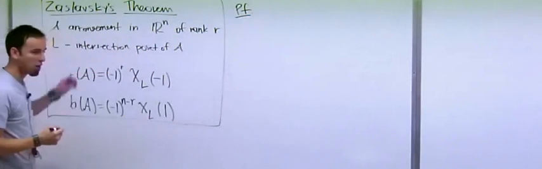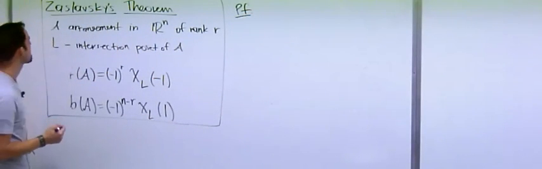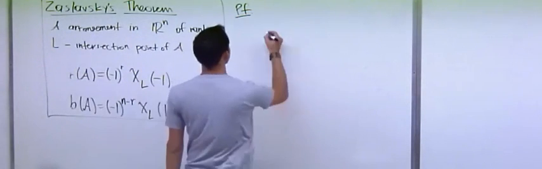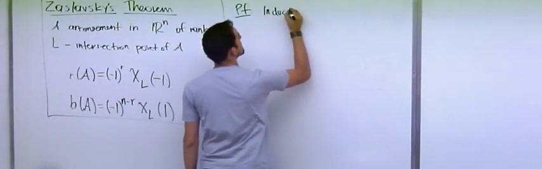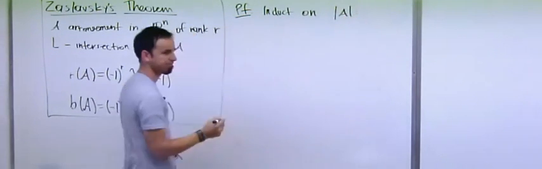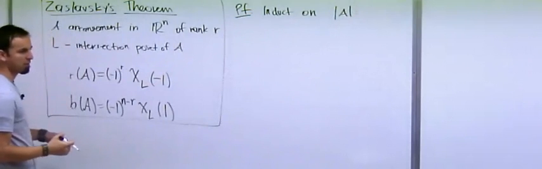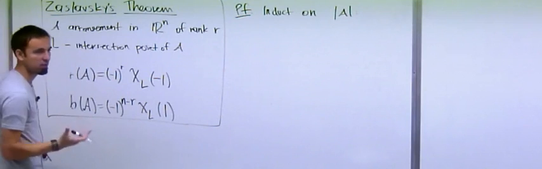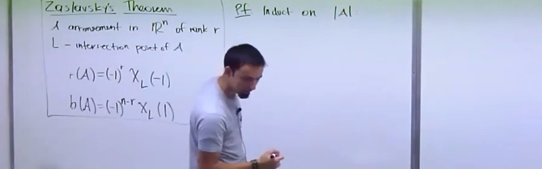And having done all of that work last time, it's going to be pretty easy to prove this theorem, because we're just going to induct on the number of hyperplanes. The point being that we have a recursion for the number of regions and a recursion for the characteristic polynomial, and they basically match up.